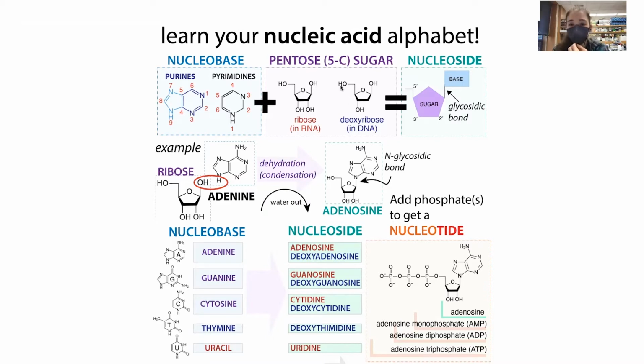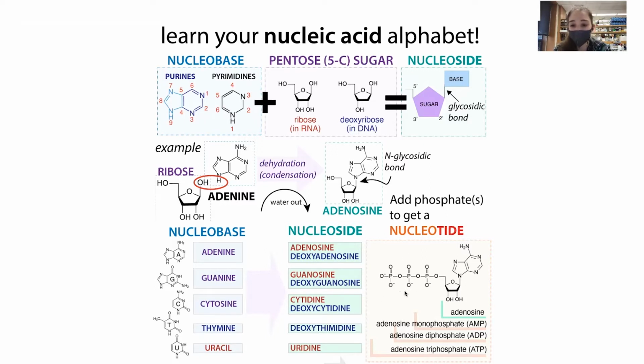When we number the sugars, we use this prime nomenclature, a little dash mark. So this is your 1 prime, 2 prime, 3 prime, 4 prime, 5 prime. This is your 5 prime OH, which is where the phosphate gets added.